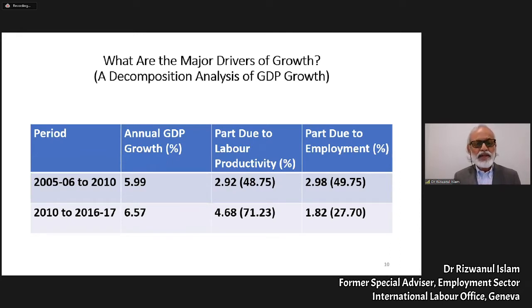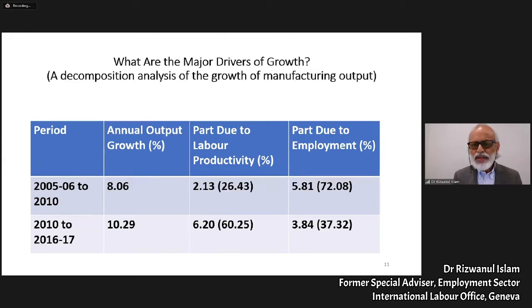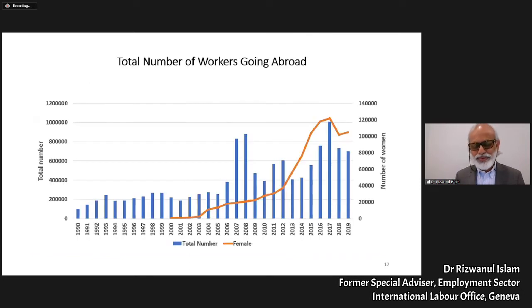If we look at GDP, up to 2010, the contribution of both quantity and productivity was roughly equal. But look at more recent years, 10 to 16, 17. The part of growth due to productivity has increased tremendously. It's almost three-fourths now. Look at manufacturing, the same story. Earlier, much of it was due to quantity of labor, employment, but now it has changed. A much higher proportion is due to labor productivity. So that's an important thing.